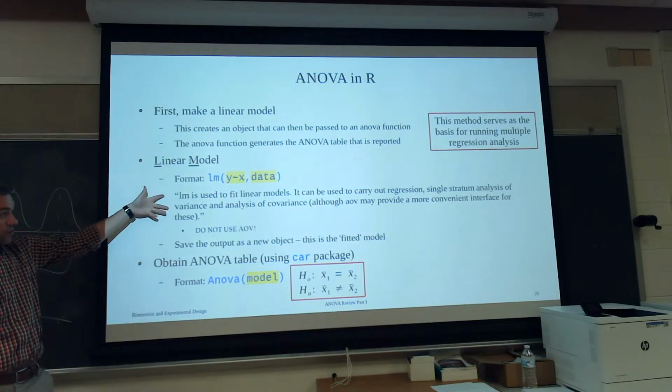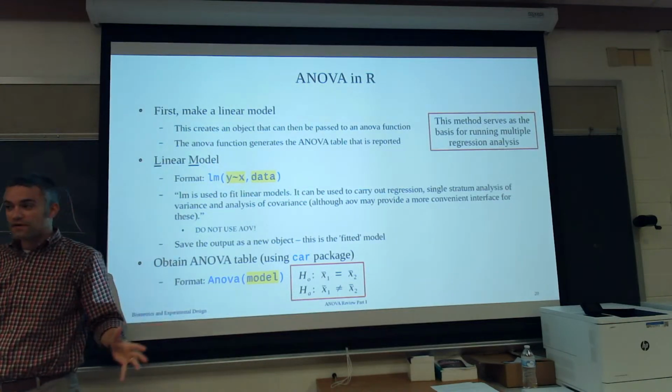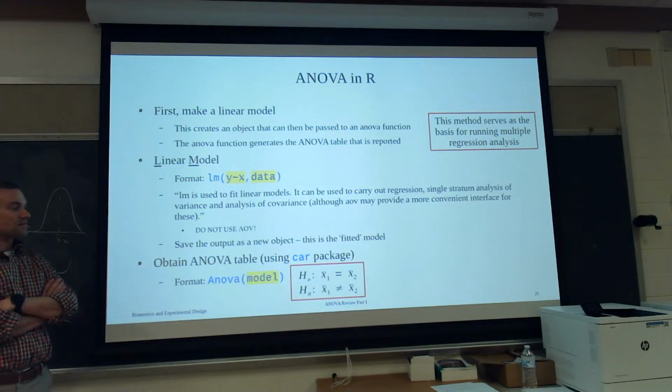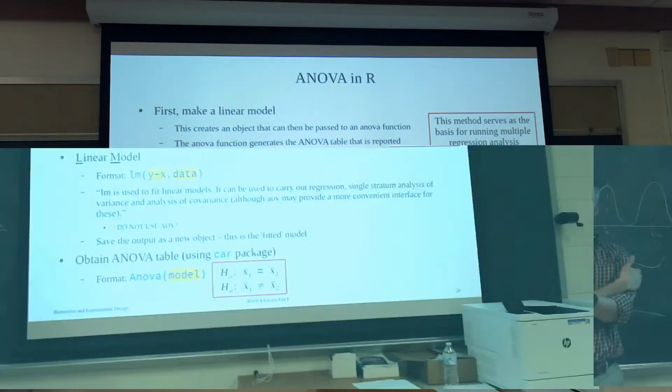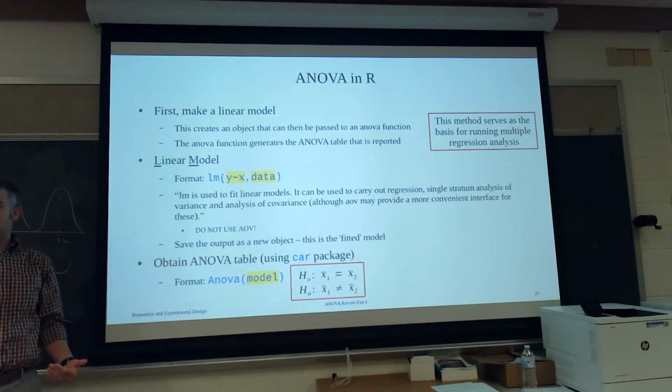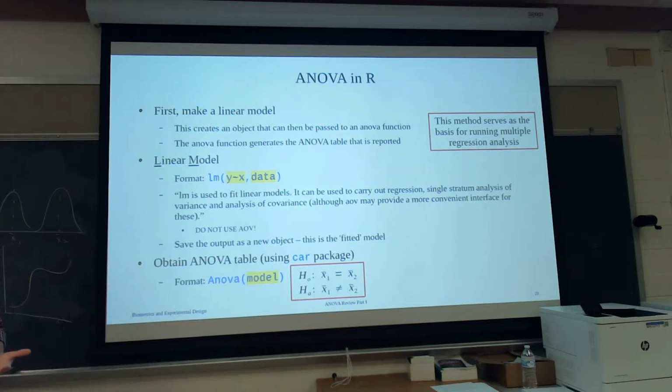This quote, I just copied and pasted it right off the help file, because that explains exactly what it's doing. It's used to fit linear models. It can be used to carry out regression, single stratum analysis of variance, and analysis of covariance, although aov may provide a more convenient interface for these. Yeah, it may be more convenient, but if you know how to make a linear model, then everything else, no matter how complex your data set is, you can analyze.